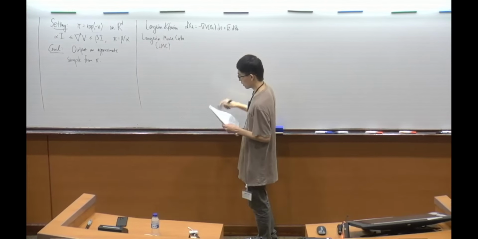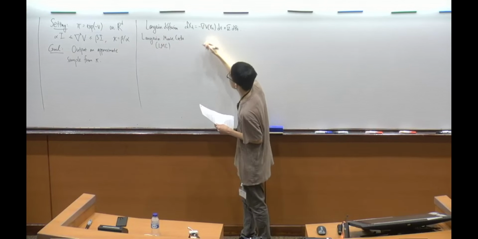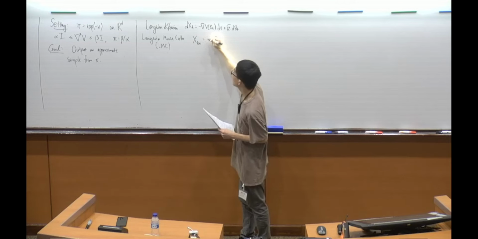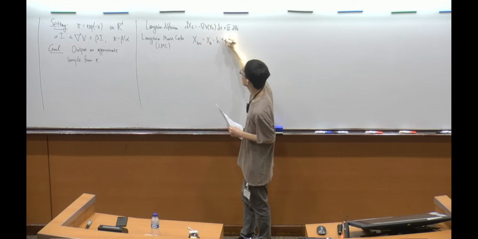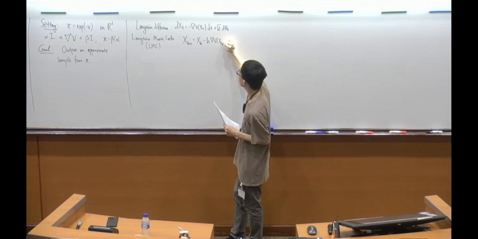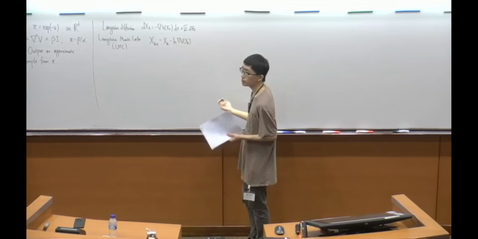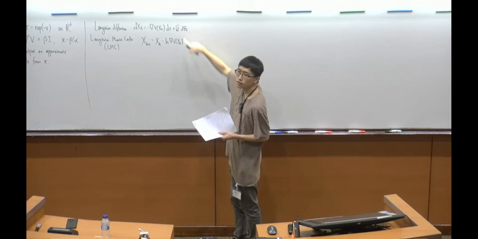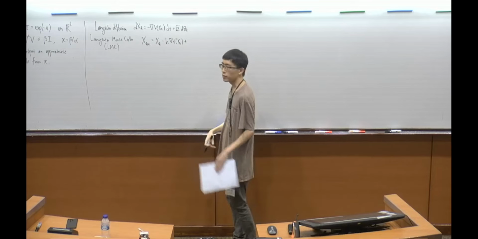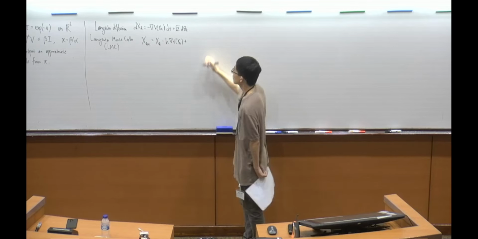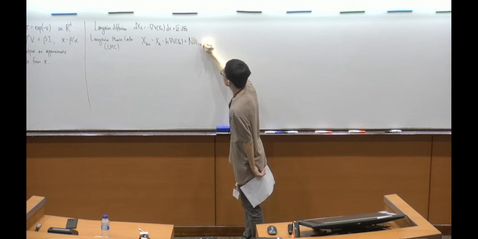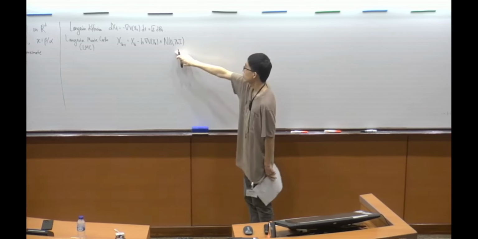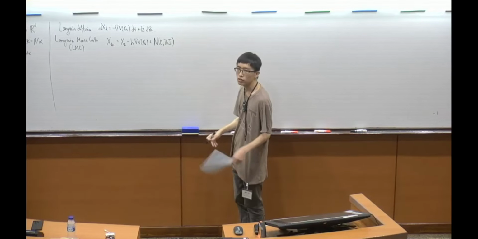The way we discretize is just the simplest possible discretization. I pick some step size h, and then my iterate is obtained by taking a gradient step from the previous iterate with step size h, and then I need to discretize this Brownian motion over an interval of time of length h. The law of the Brownian motion increment by definition is going to be a Gaussian with variance equal to 2 times h.